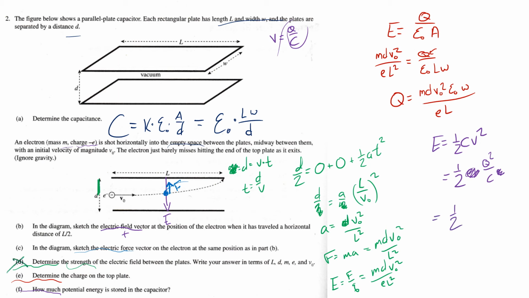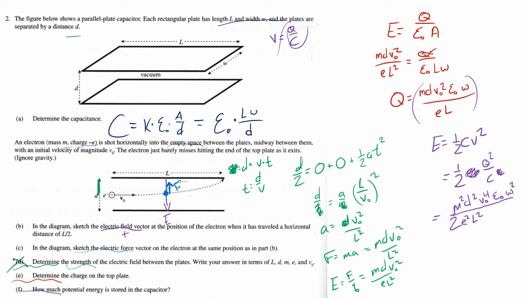So we're going to have 1/2 times Q squared. This whole thing is going to be squared. I'm just going to go through and write them each squared. So m squared d squared v0 to the 4 epsilon squared w squared E squared L squared.